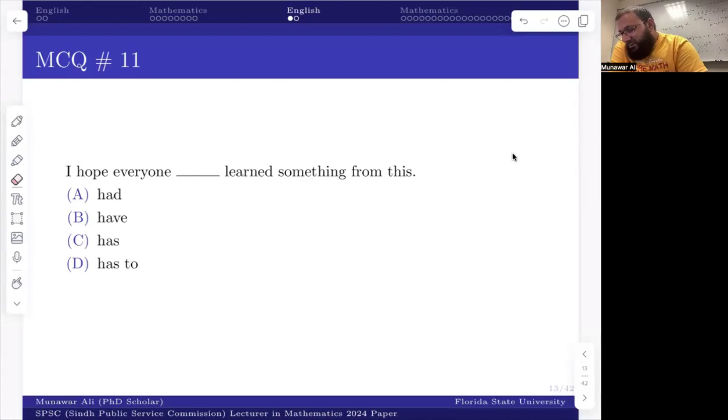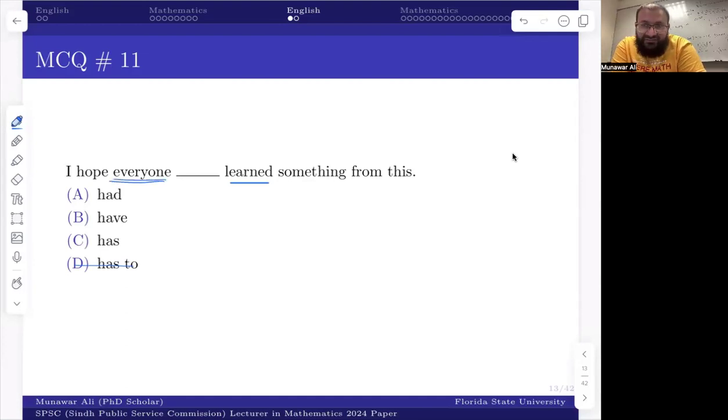Okay. Since it is the past tense "learned," technically I should not put "to" here, because "has to learned" does not make sense. After "to," we have to put the infinitive form, not the third form most of the time.